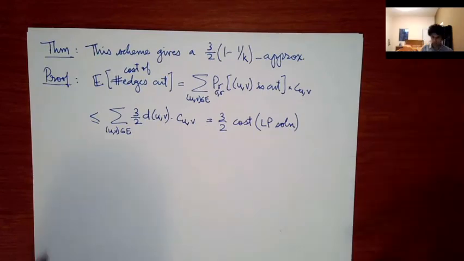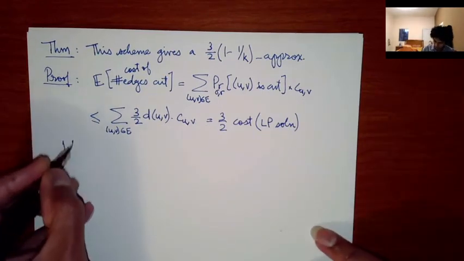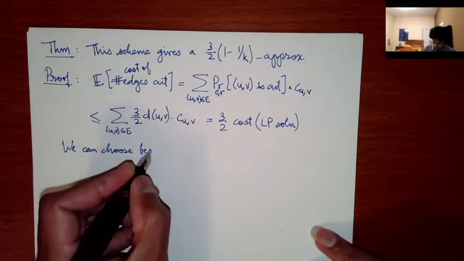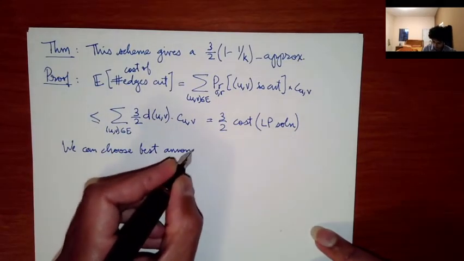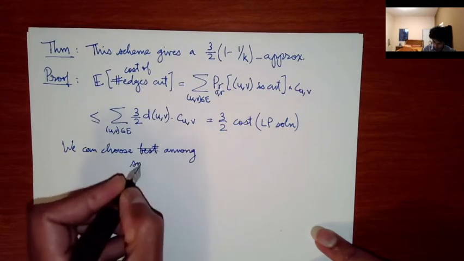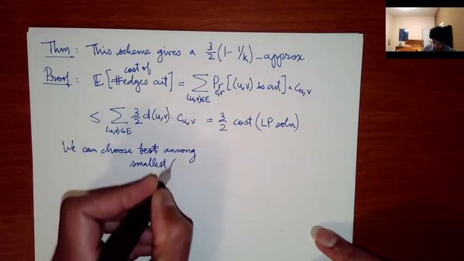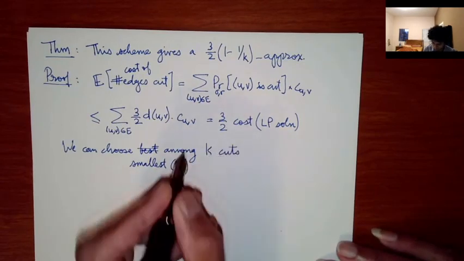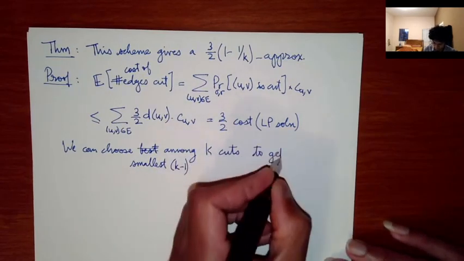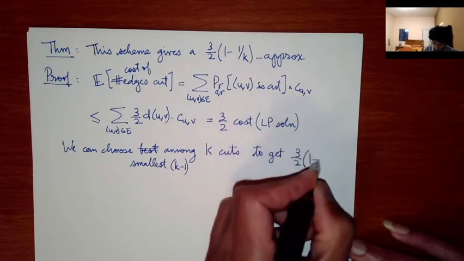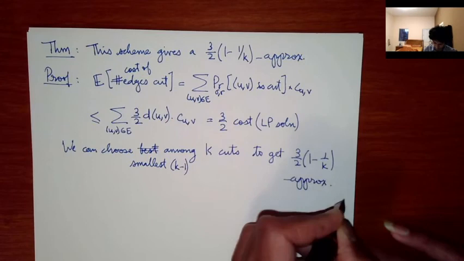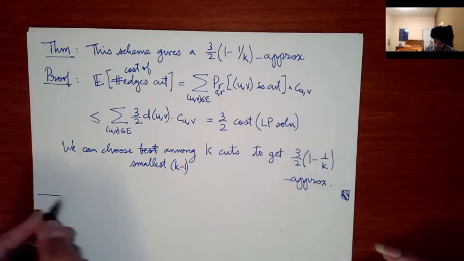And this gives a 3/2 approximation, and we can choose the best, or I should say the smallest, k minus 1 amongst the k cuts to get the 3/2 times 1 minus 1 over k approximation. Okay, so that completes the proof.